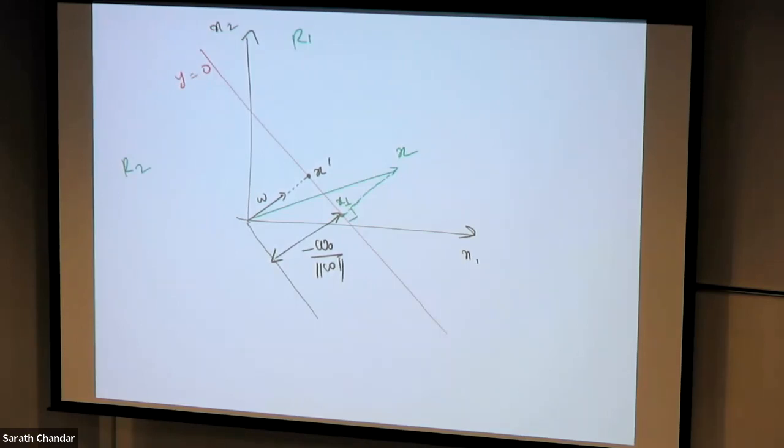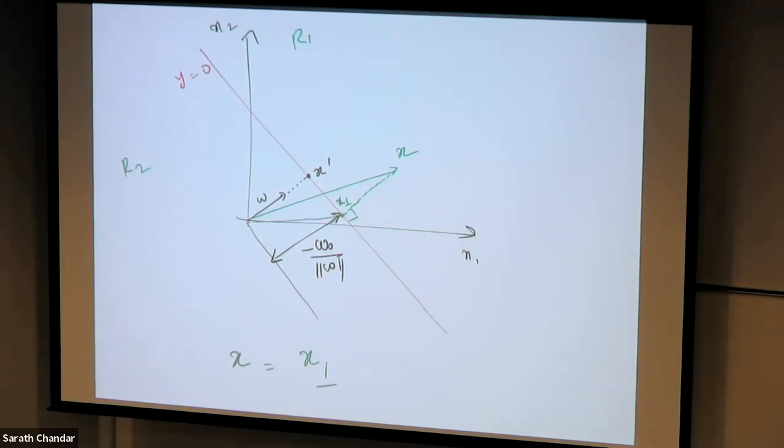Okay, so now I can write the equation of X. Equation of X is equal to X perpendicular.